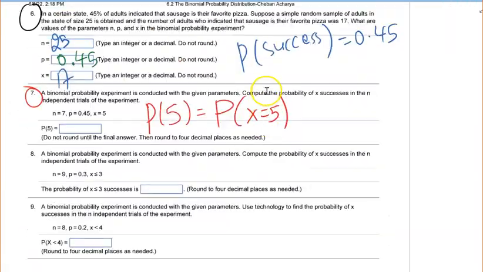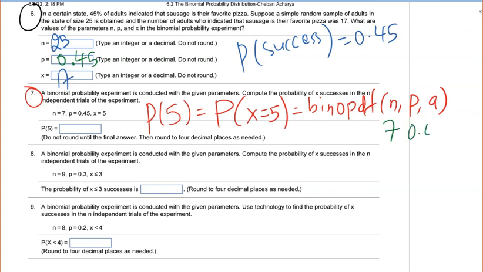Let me write it down here. Binomial PDF, n, p, a. What's the n value? 7. What's the p? 0.45. What's the a? 5. Notice that everybody has a value, and you've got to put it in the calculator.